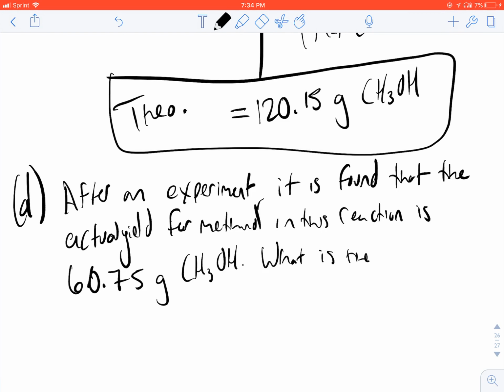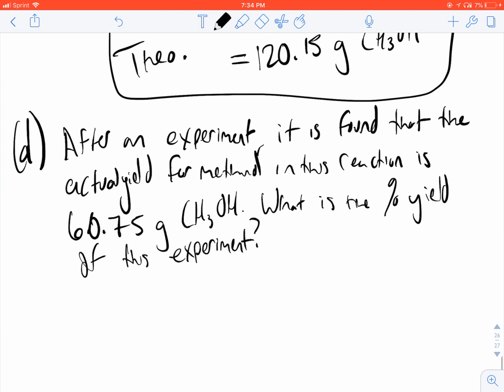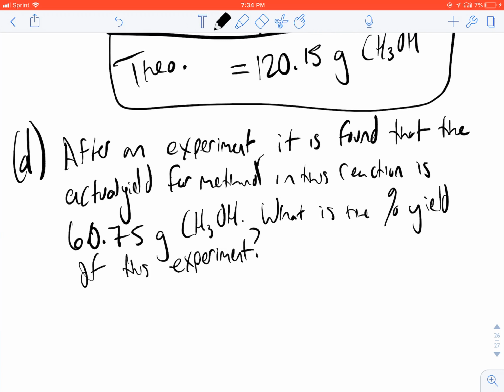What is the percent yield of this experiment? All right, so if this question was dealing with percent yield, you would see some kind of question similar to the one I've written down.